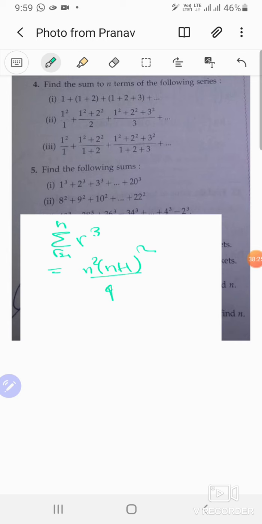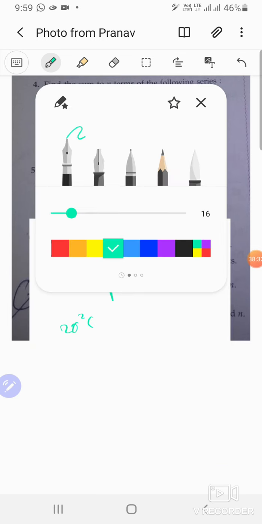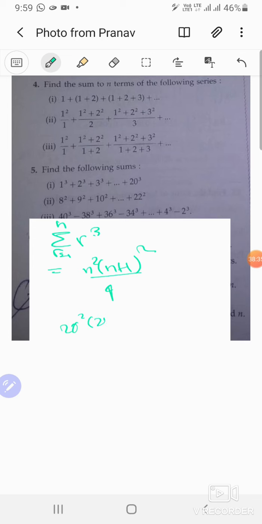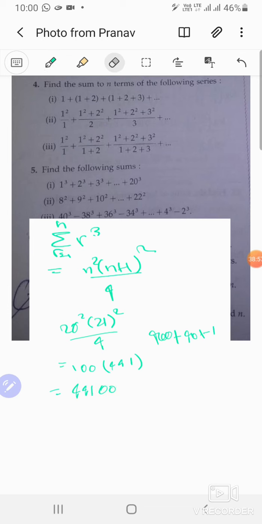If we put n as 20, we get 20 squared into 21 squared upon 4. 400 upon 4 gives 100, 21 squared is 400 plus 40 plus 1, which is 441. So it's 44100.